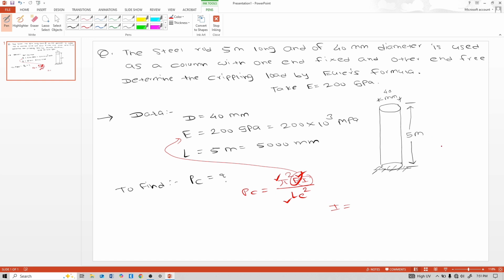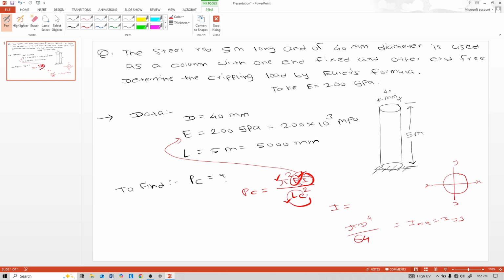For circular shape, we have seen in our previous second chapter that Ixx and Iyy, the moment of inertia of a circle, is the same, that means pi d raised to 4 by 64. So this I is also a known quantity now.